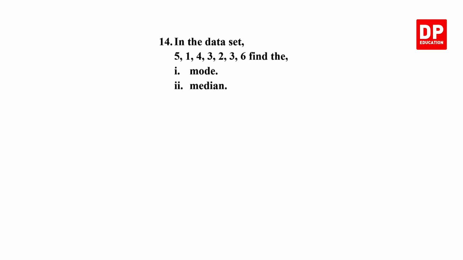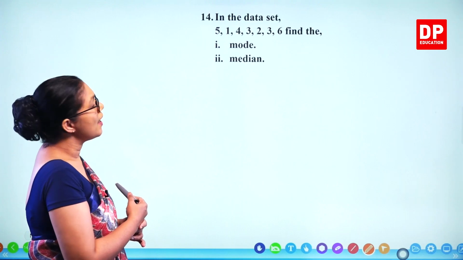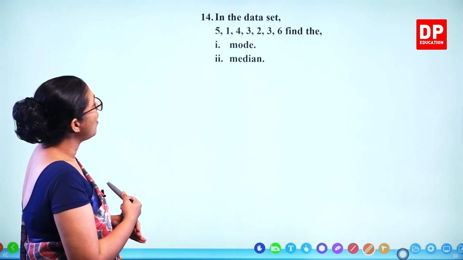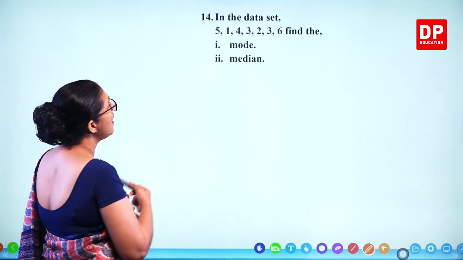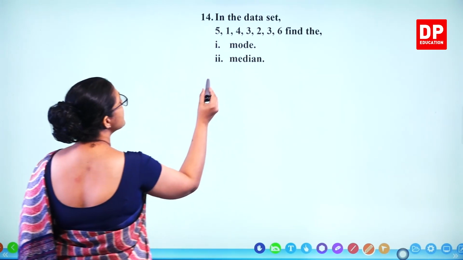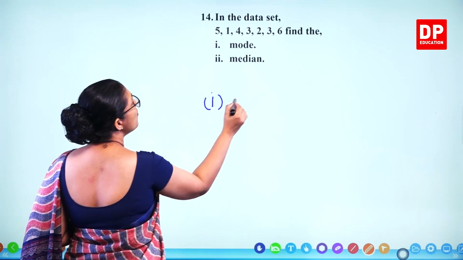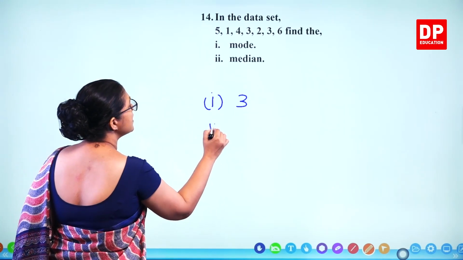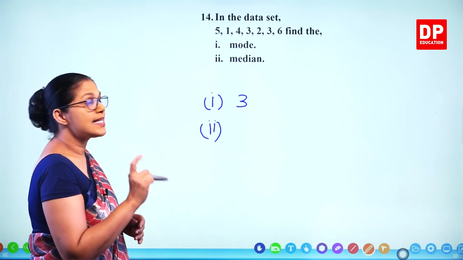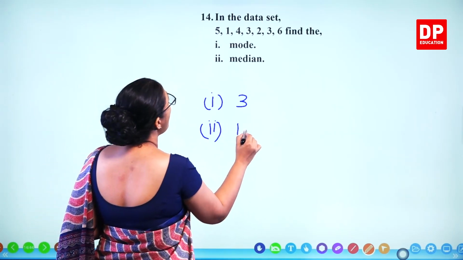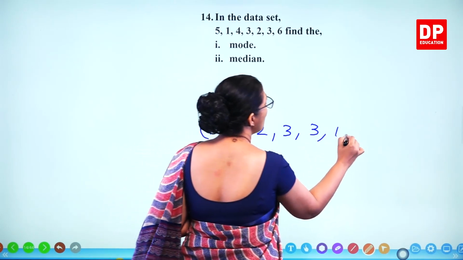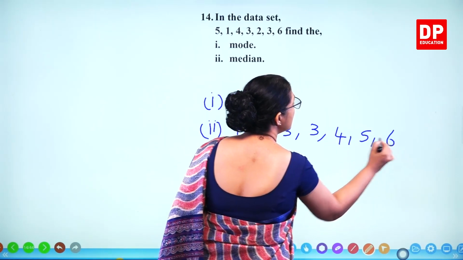Question number 14. In the data set, find the mode and median. How you find out the mode? One which has the highest frequency. So you can see 3 twice. So mode is 3. How you find out the median? You have to arrange the data set in order. 1, 2, 3, 3, 4, 5, 6.